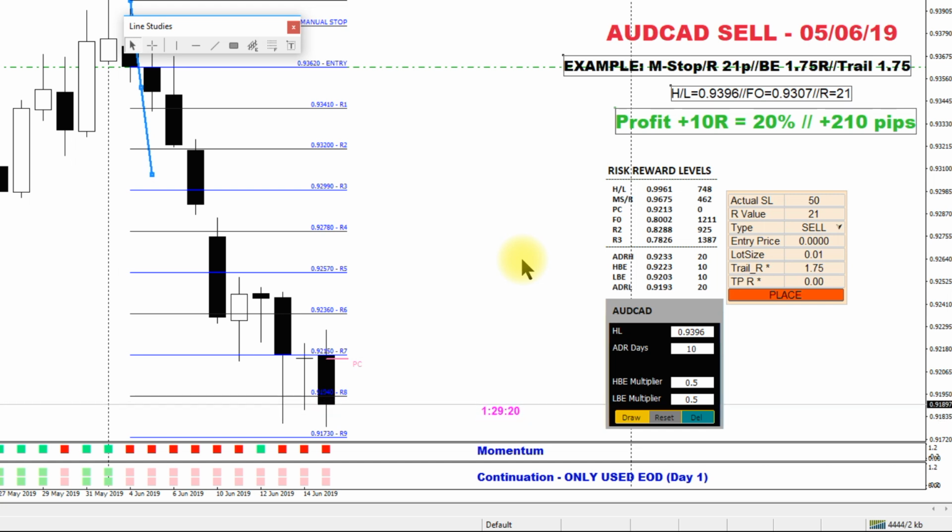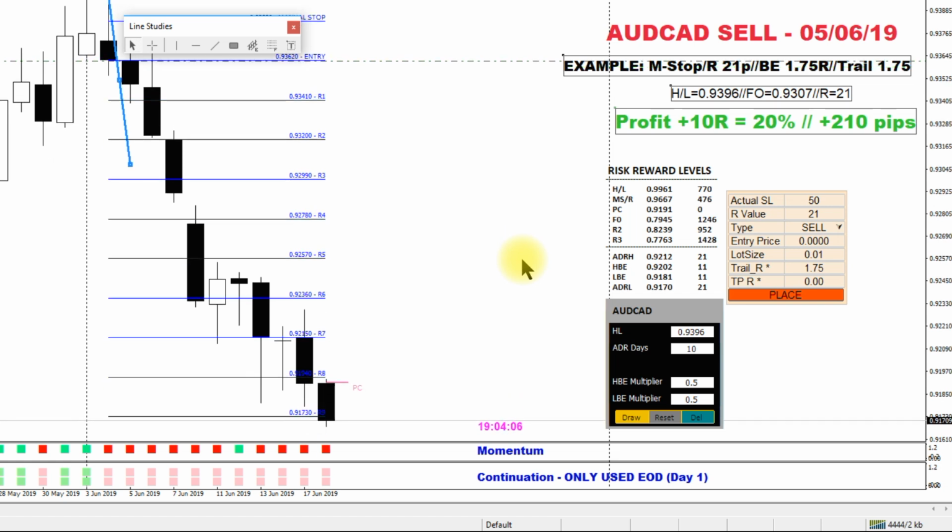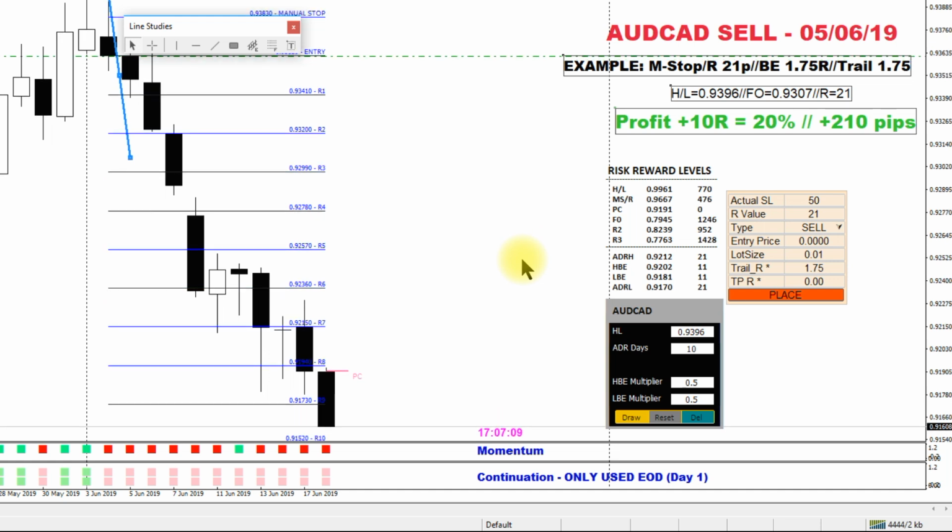We're probably still at R6. We've now gone through 8.75, so our stop is at R7.